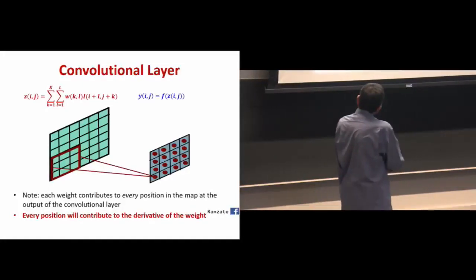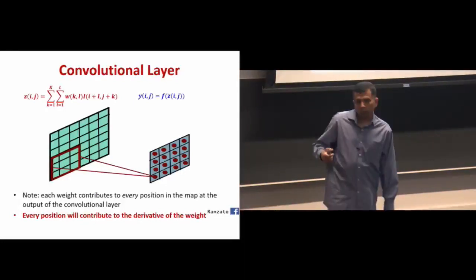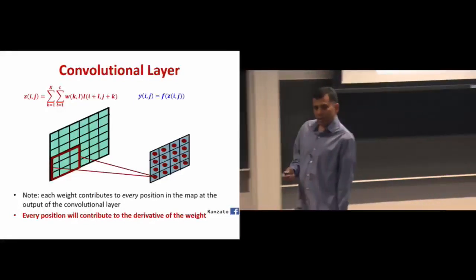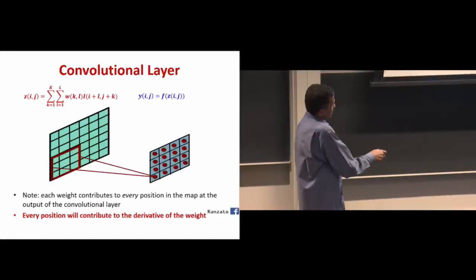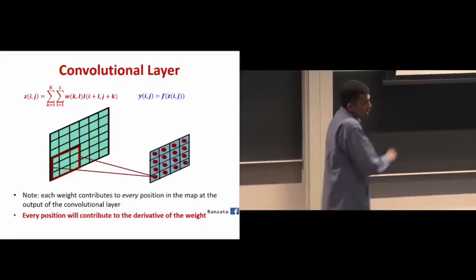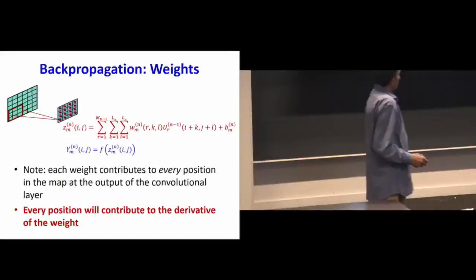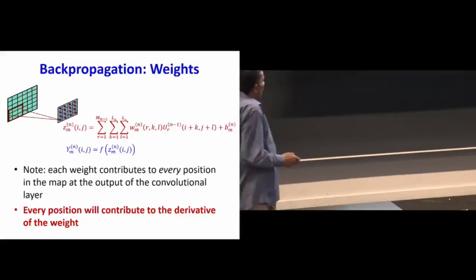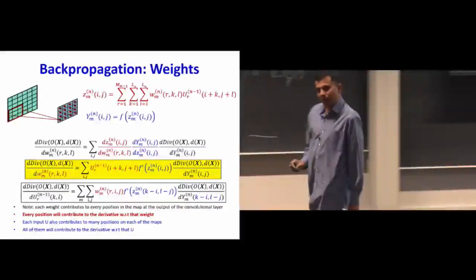So if you want to see what the derivative of the divergence with respect to the weight at this corner is, you'd have to sum over all of the terms that that particular weight actually affects. And so that's going to have a fairly ugly formula, which I'm actually not going to explain.